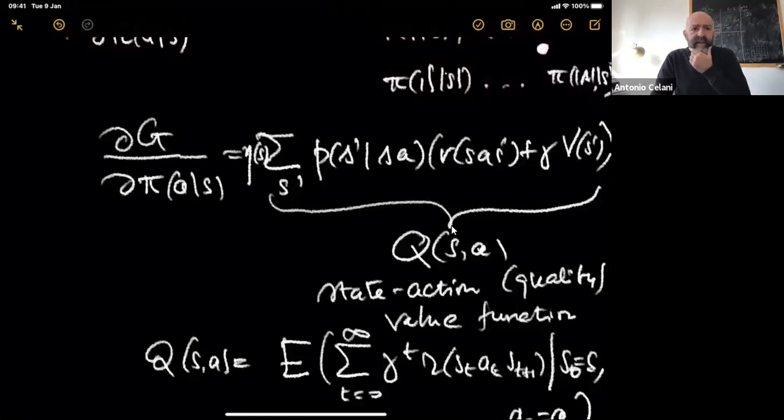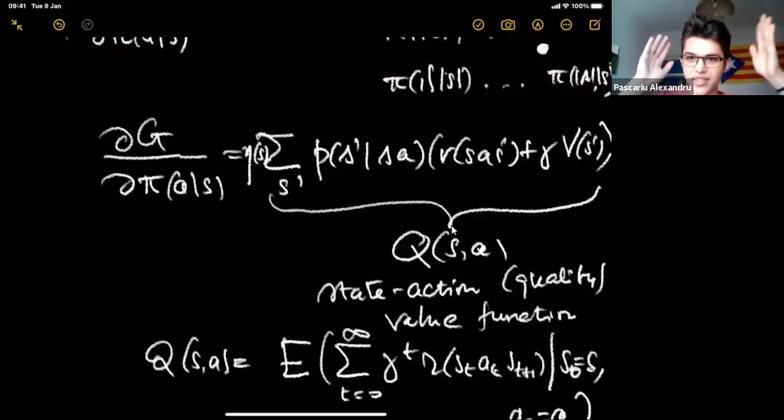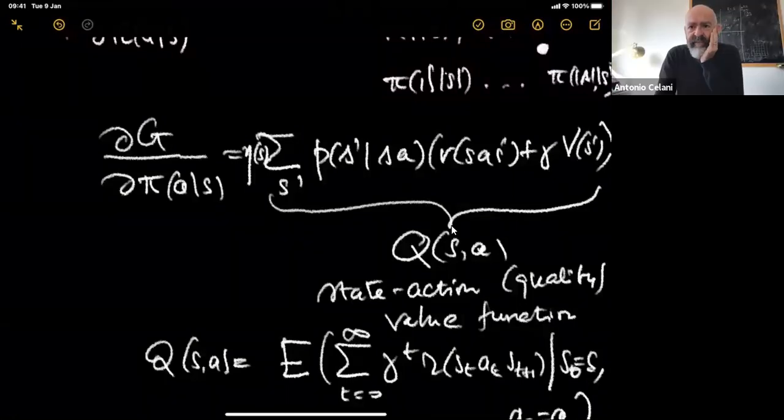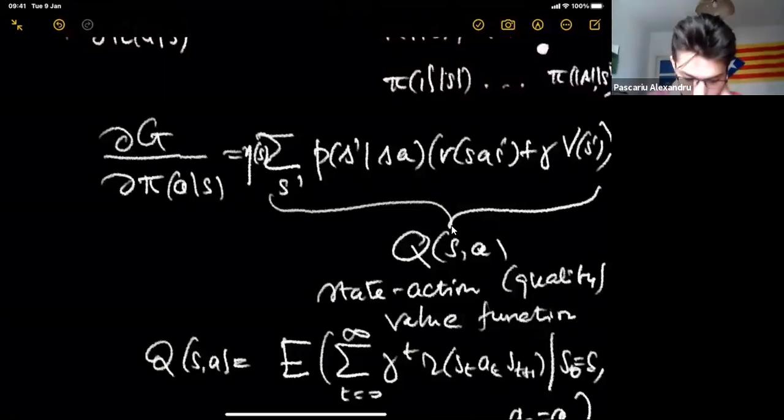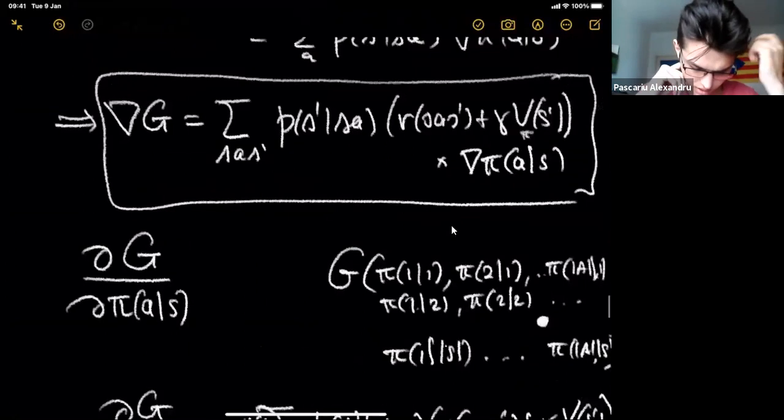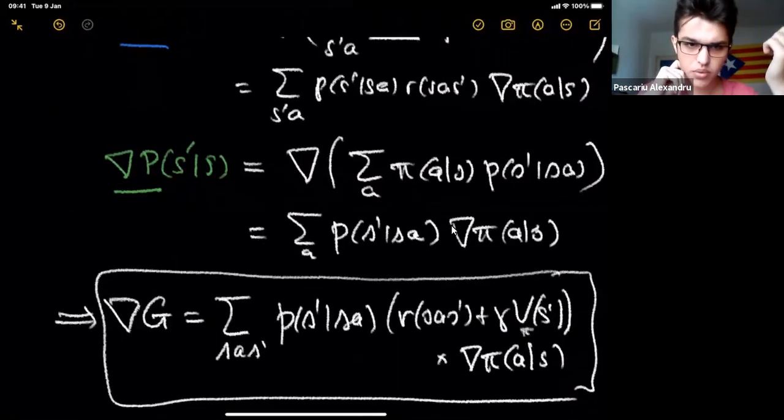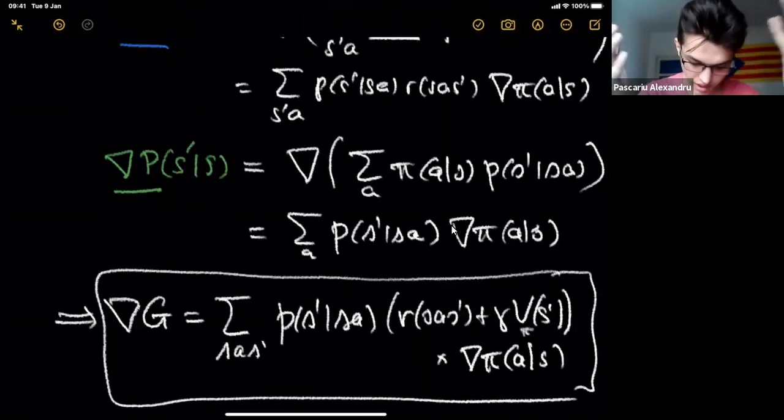All right. If you're done, sorry, I know that it's late. Another math doubt that I have: when we are writing the gradient of G, if you can go a little up, I have from the gradient of R a sum over S prime and A, and the gradient of P, which is a sum over A. But then in the gradient of G, I have a sum over S, A, and S prime.